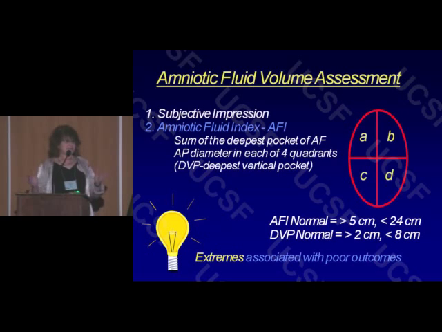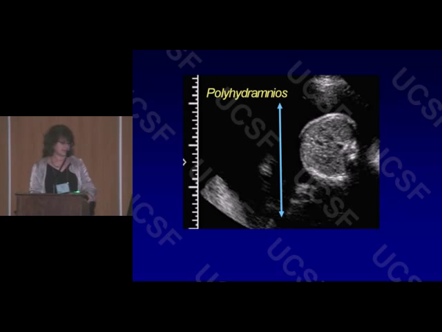Remembering that sometimes the pocket is biggest near the middle of the uterus rather than to the edge. It sometimes can be easier and more reproducible rather than an AFI to report a single deepest pocket, and that a normal measurement is between 2 and 8 centimeters. At the extremes, it comes as no surprise, the more extreme the poly or oligohydramnios, the worse the outcome.